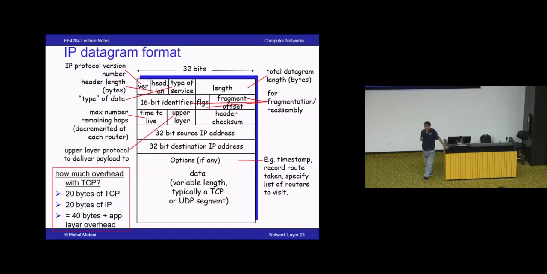So anyone know of examples of disconnected networks? For example, NUS campus is actually a network that's not connected to the internet. Yeah, it's paradoxical because you're like, I can surf the internet.